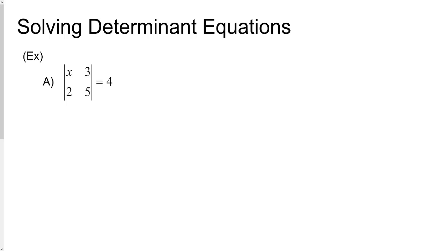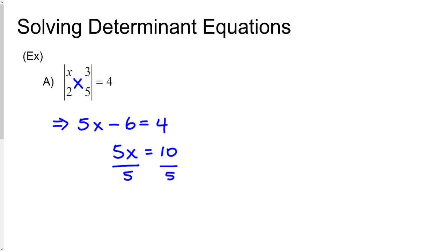In order to solve for it, I would need to take 5 times x, which would be 5x, minus 3 times 2, which is 6, and set that equal to 4. And now I have a linear equation. So 5x is equal to 10, because I'm going to add 6 to both sides, divide by 5, so that I come up with x is equal to 2.